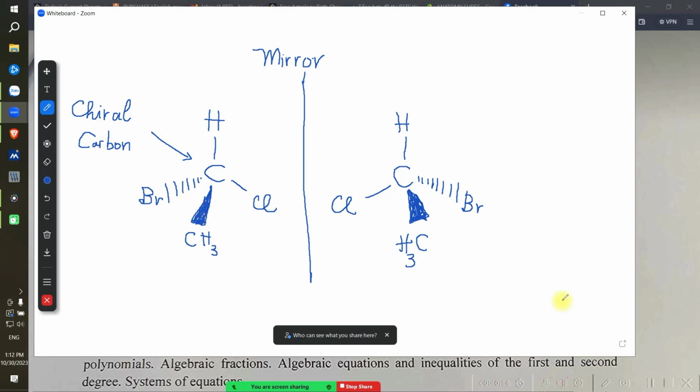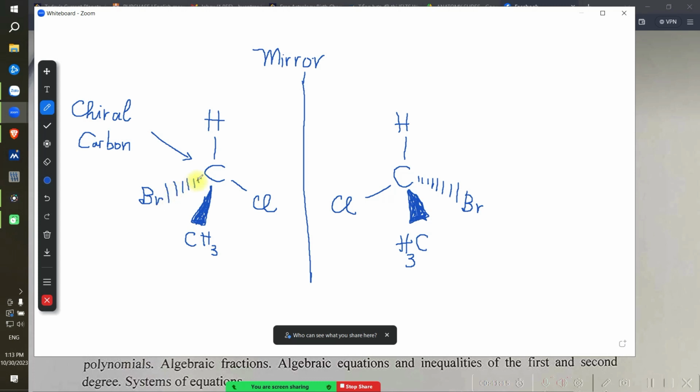This dash line means the Br here is pointing away from this plane, to the side opposite to it.